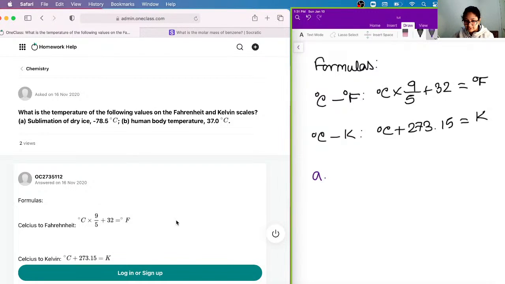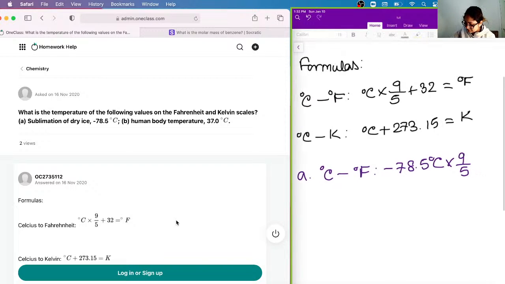A says that we have negative 78.5 degrees Celsius, and we have to convert this into Fahrenheit. So let's convert this into Fahrenheit first. Okay, so we're converting Celsius to Fahrenheit. And so you have negative 78.5 degrees Celsius. Multiply this by 9/5 plus 32.